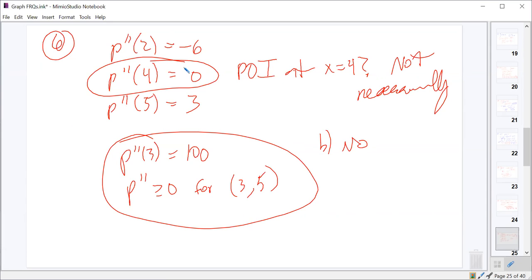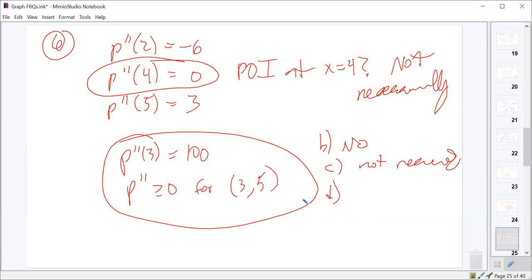For that one, there's no guarantee that it has a root. It's possible you could have a root at x equals 4, but that's another not necessarily. And then D, p is increasing on 2 to 5.